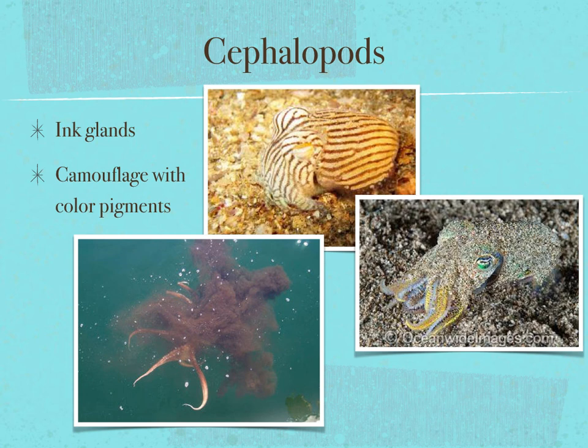Now, let's talk about their movement a moment. They can swim using their tentacles and their bodies in general, but they also have an in-current and ex-current valve which they can use to pull water in, and then they can very, very forcefully push the water out, allowing them to move almost like jet propulsion.